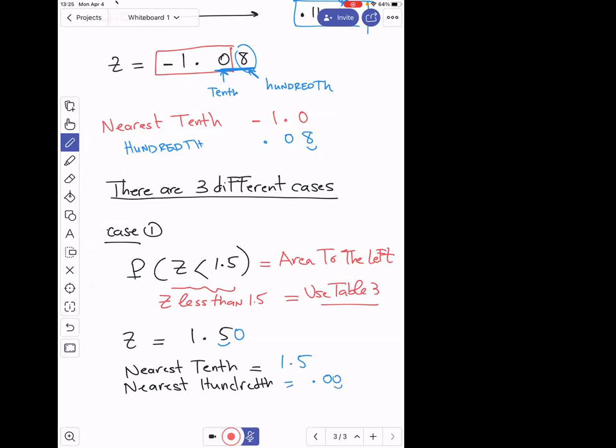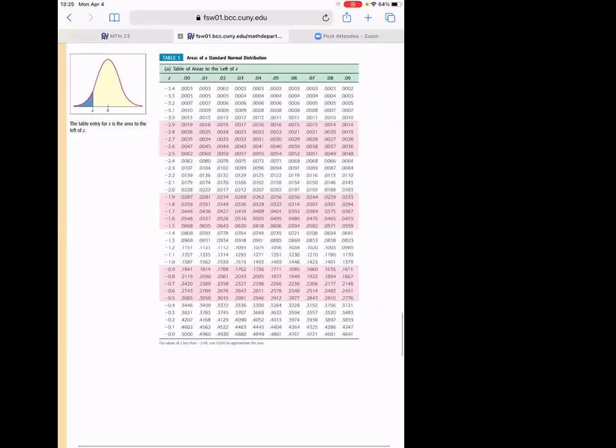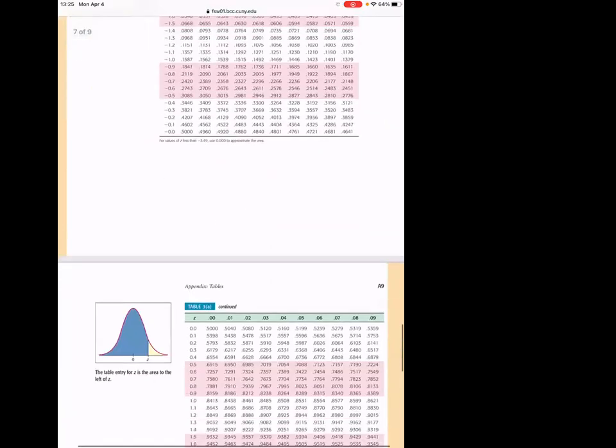So now, if I want to use my table, I need to go to Z 1.5, nearest hundredth 0.00. Let's go to the table. As I said, the first page is for negative Z. My Z is positive 1.5, so I need to go to the second page.